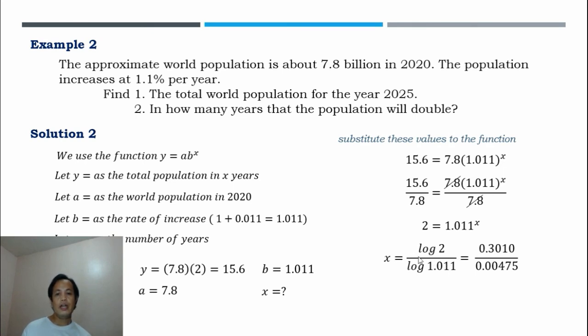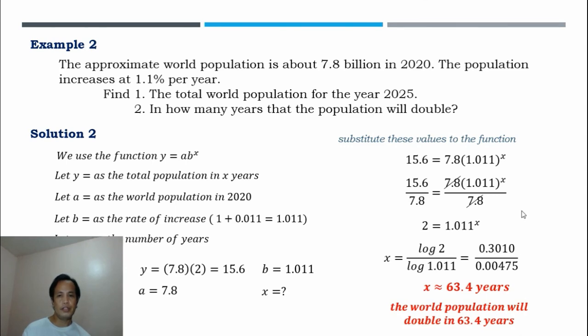Using a calculator, log of 2 is approximately 0.3010, and log of 1.011 is approximately 0.00475. We divide these numbers, and x, the number of years, is approximately 63.4 years. So that means the world population will double in 63.4 years.